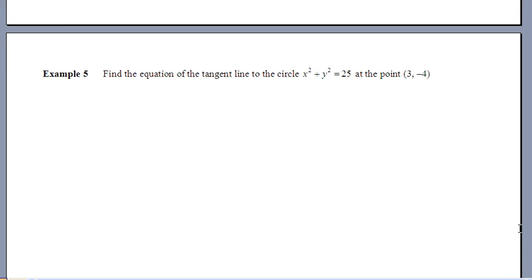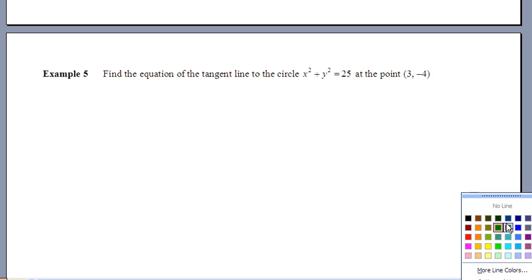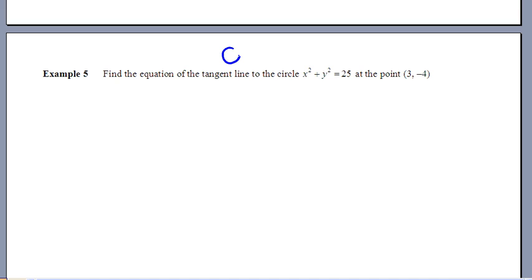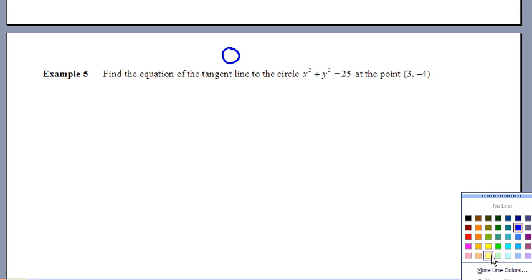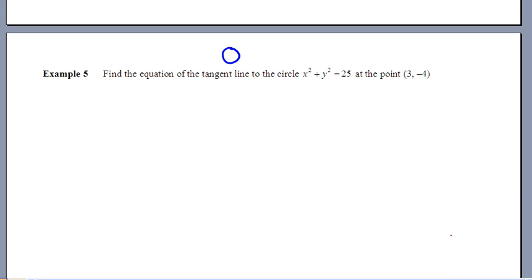Number 5, find the equation of the tangent line to the circle at that point. So yeah, there's a circle out there, right? Looks like this, great. And then somewhere out there is this tangent line, and we'll see what the equation for that is. And this thing's going to be at the point (3, -4).